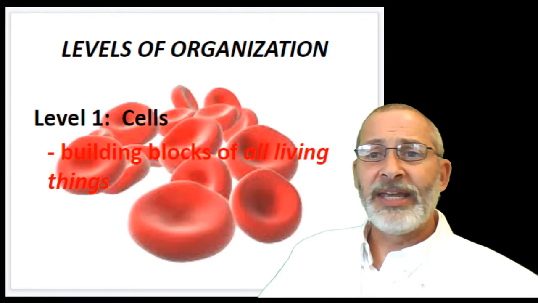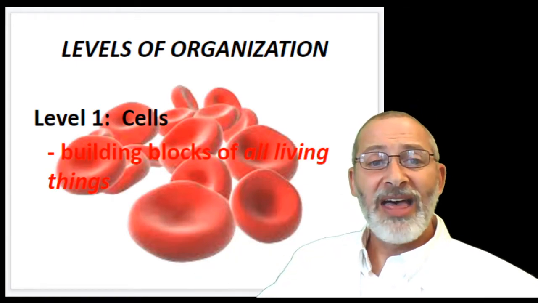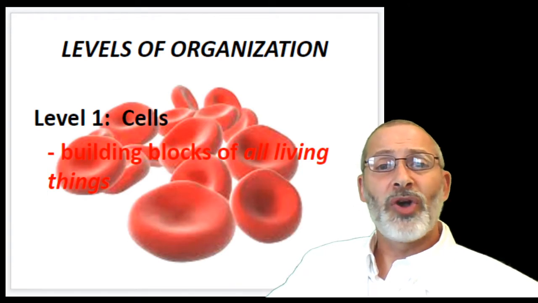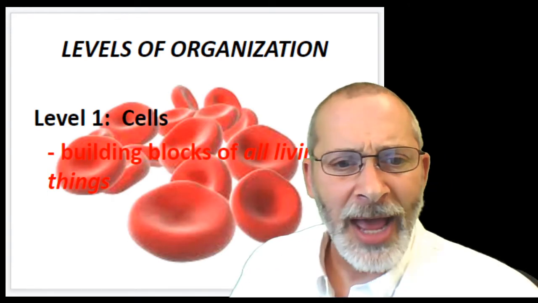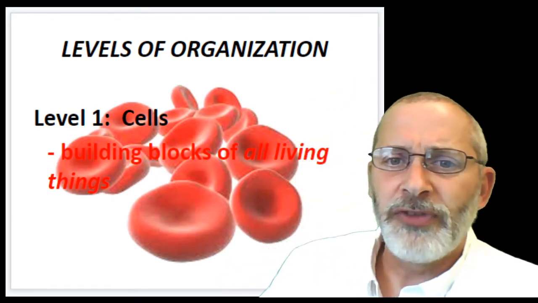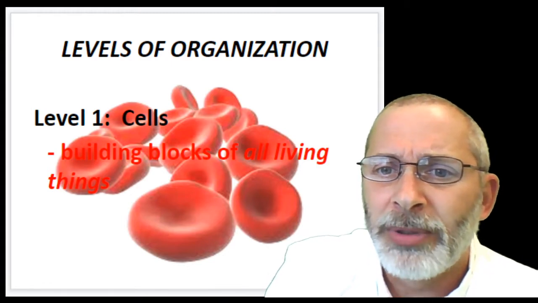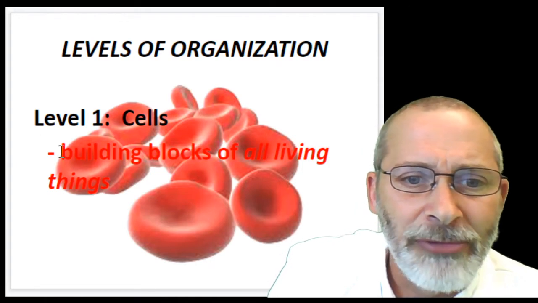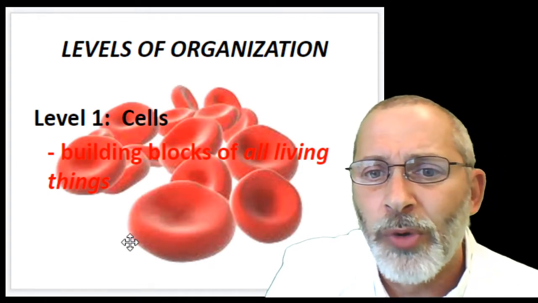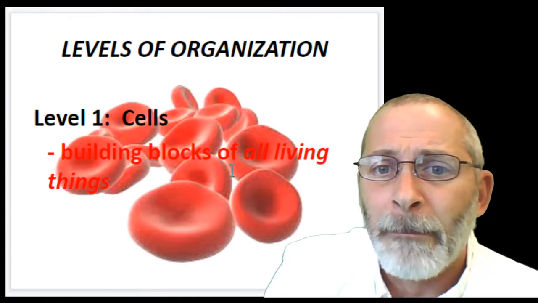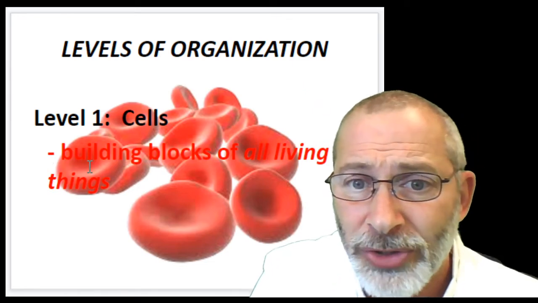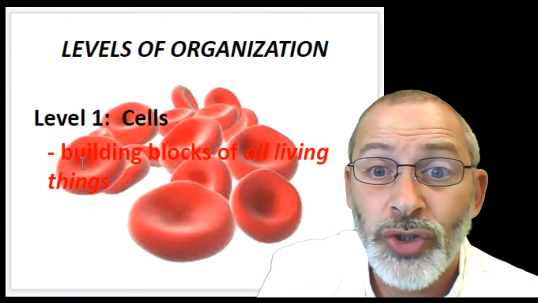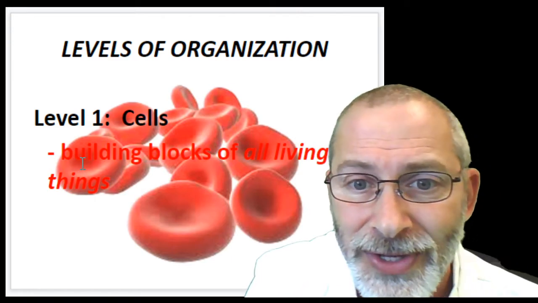So we're going to begin on the smallest level of organization, level 1, which is called the cell. On your PowerPoint, if you view it on your own, you can probably read this a lot better. But in this version, my red letters are being overwhelmed by the red blood cells. So I'm going to read this to you as you write it in your book next to level 1, cells.